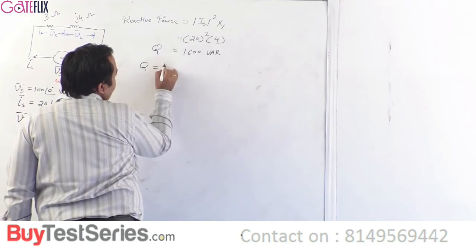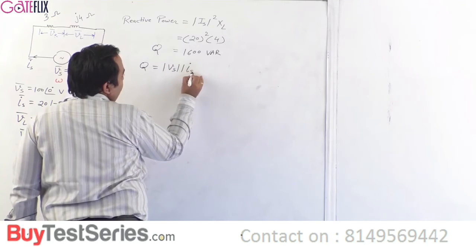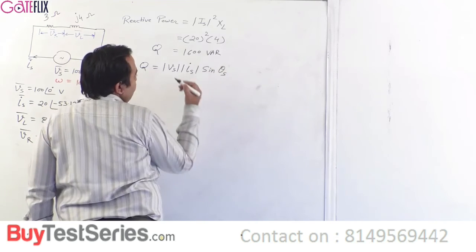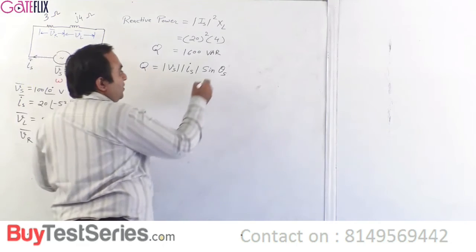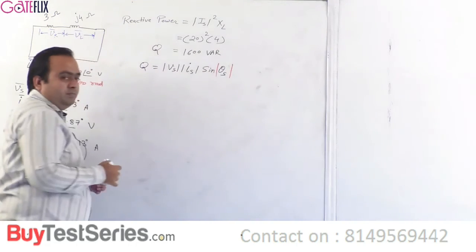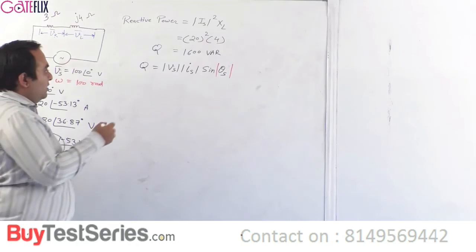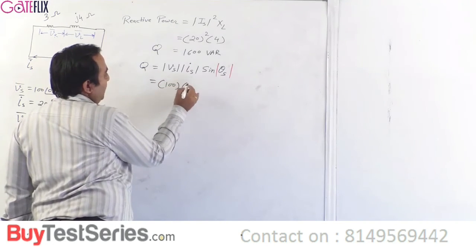Another way of calculating it is voltage magnitude, current magnitude, sine of theta s. This theta s is again 53.13, but as I told you, we only take the magnitude of it. Is this okay? So what is the voltage? It is 100. What is the current?